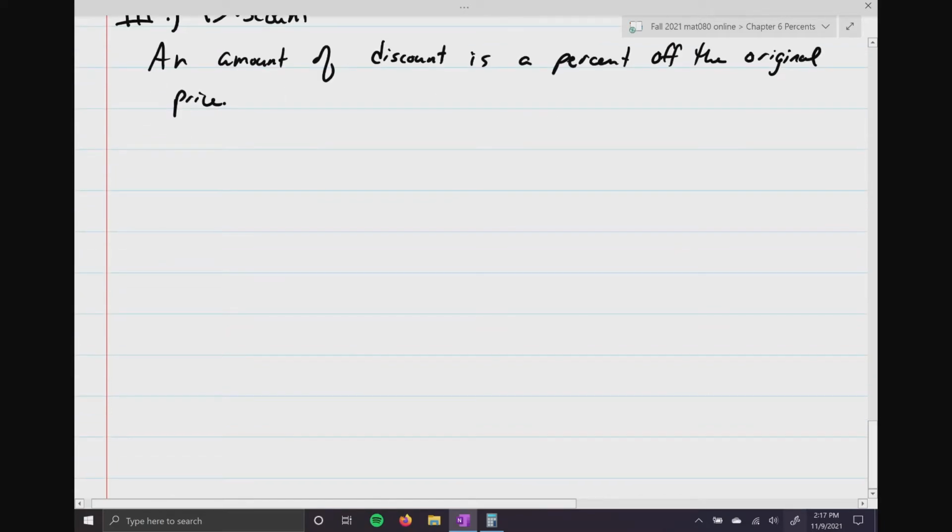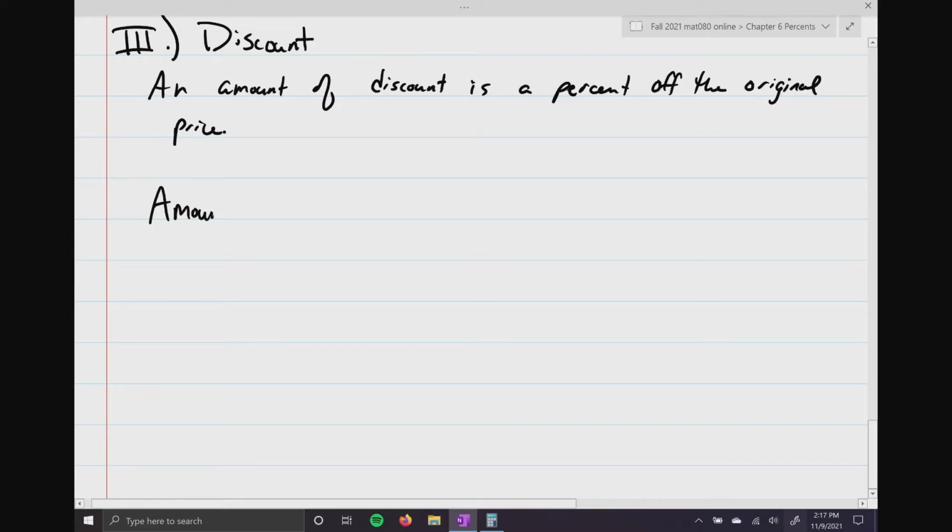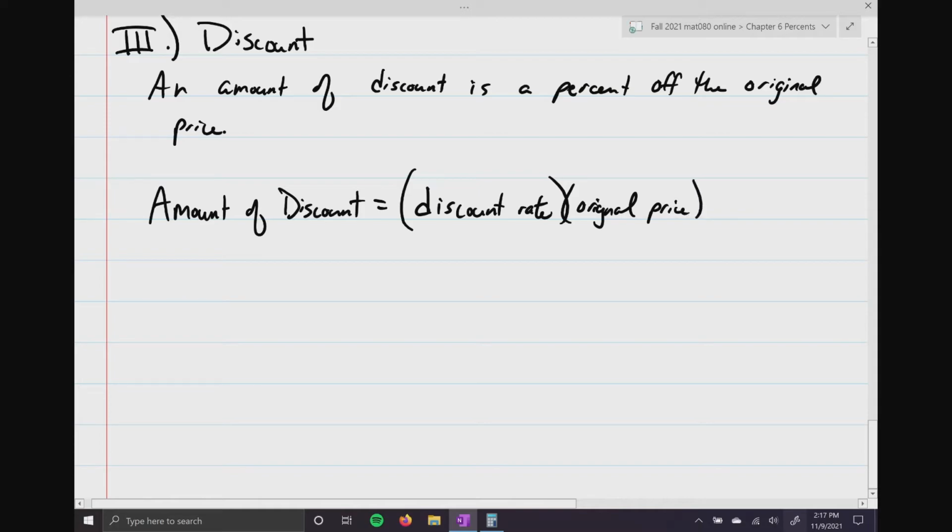Okay, so the amount of discount is going to be equal to the discount rate times the original price. Now remember, this is going to be a percent where you need to convert it to a decimal.